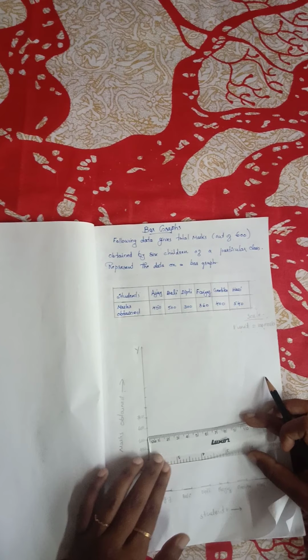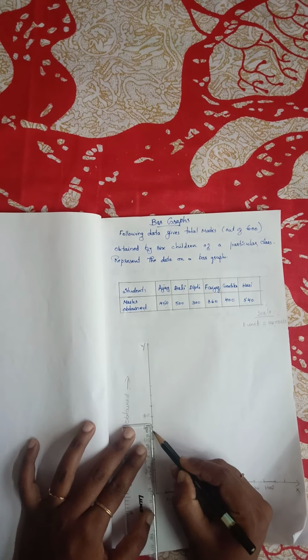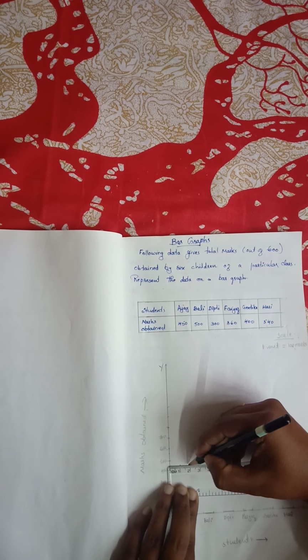Okay, now you understood this much. Next we want to plot the points according to their marks. First, Ajay 450. 450 lies between 400 and 500, so we take the half point between these two, and this 1 unit will be left empty. For 450 we take 2 points after 1 centimeter.